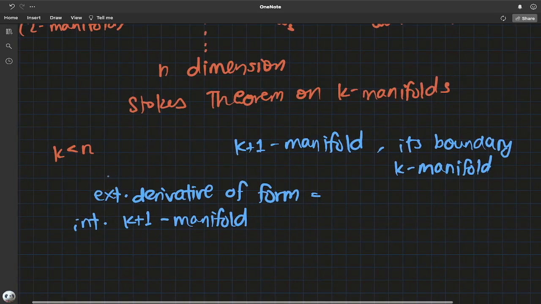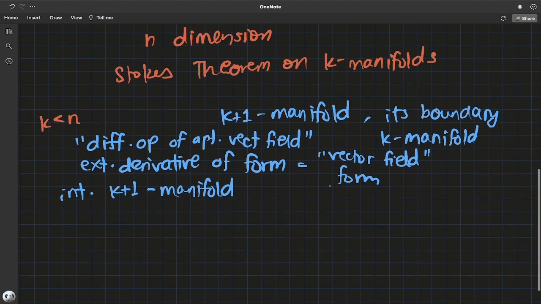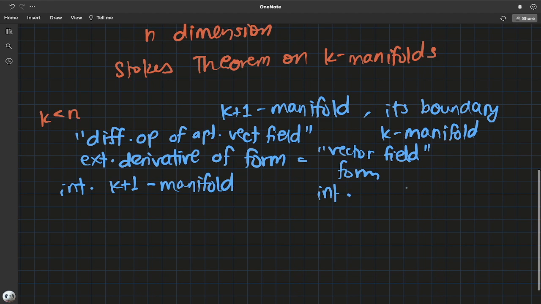If you don't want to think about the exterior derivative of a form, you can call it the differential operator of the appropriate vector field, is equal to basically the form or the vector field integrated over a k-manifold, which is its boundary.